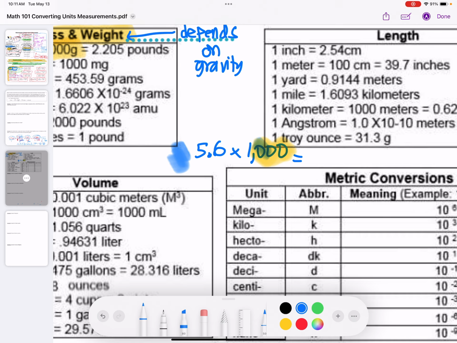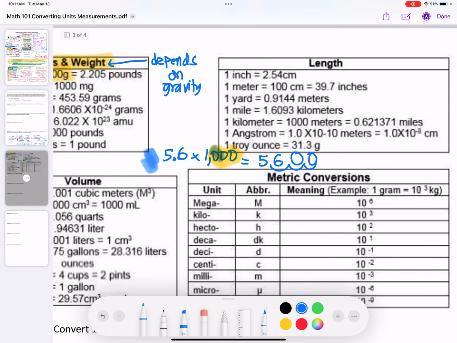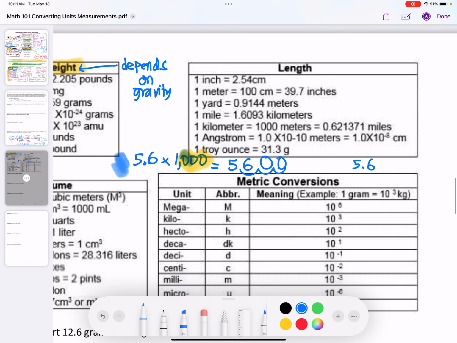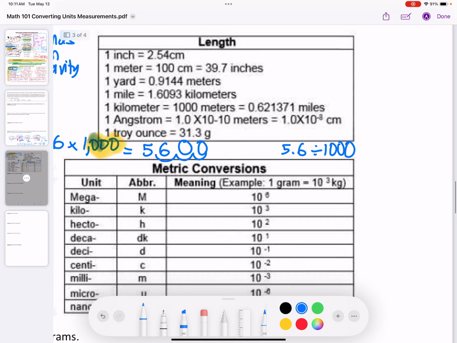That's why metric system is so much easier to use than the US units. It was 5.6, but I'm moving the decimal 3 times over. 1, 2, 3, and then where there are empty spots, I put a 0. So it's 5,600, and then dividing is similar. If I had 5.6 divided by 1,000, converting from kilograms to grams or vice versa, I'd be either multiplying or dividing by 1,000.